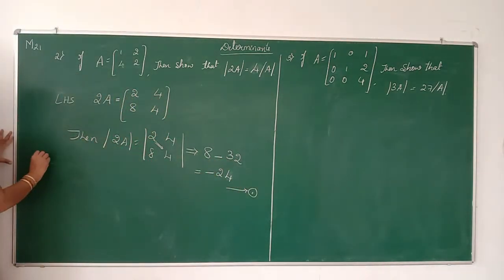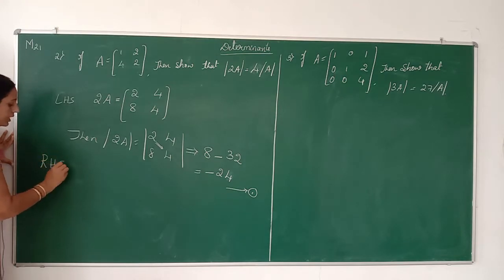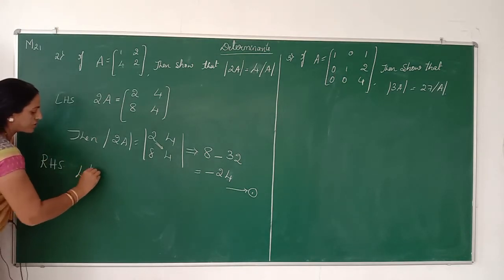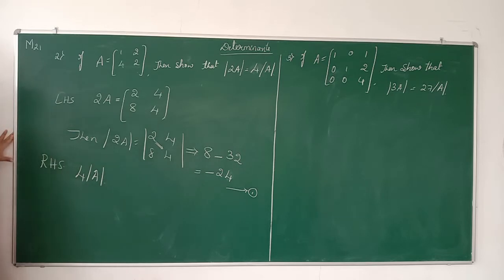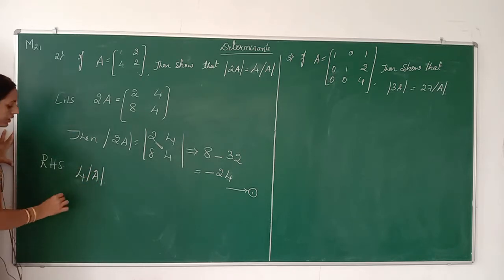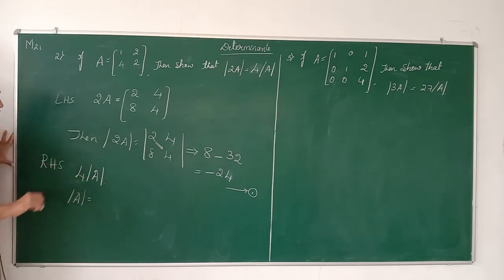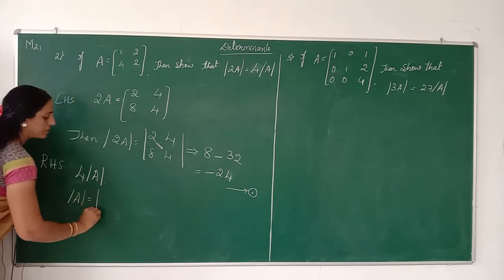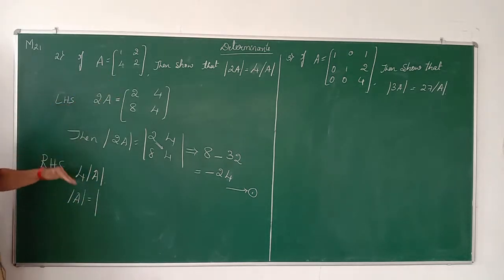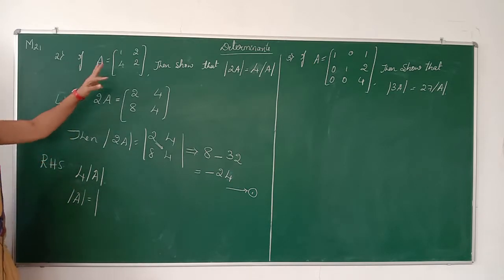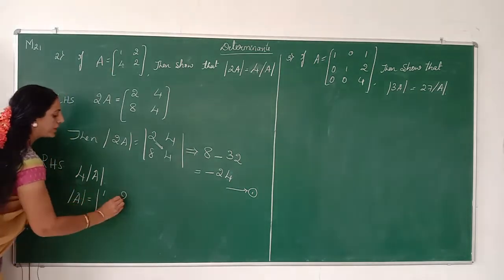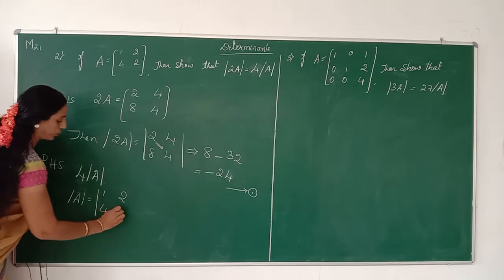Similarly, the RHS is 4 times determinant of A. So first we will find determinant of A. Matrix A can be written in the form of a determinant, with elements 1, 2, 4, 2.